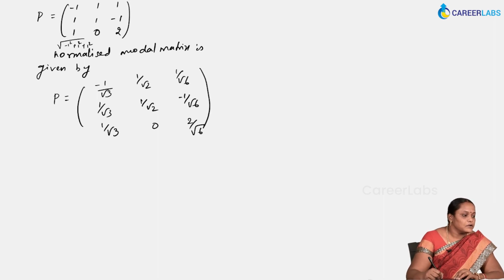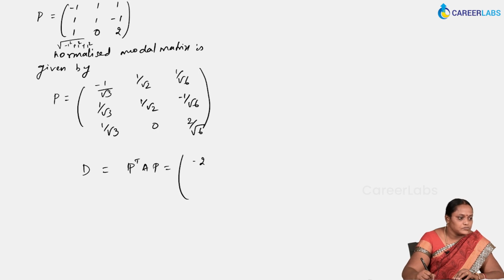Therefore, D will be equivalent to P transpose A P. When you do this, you will get minus 2, 0, 0, 0, 1, 0, 0, 0 and 1. So all the eigenvalues occupy the diagonal elements.